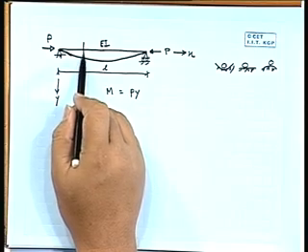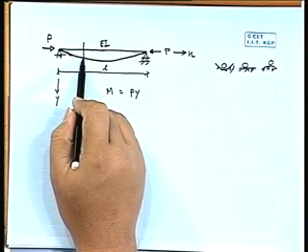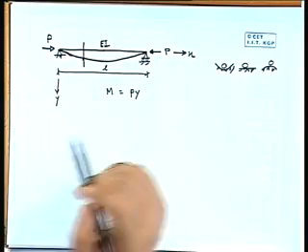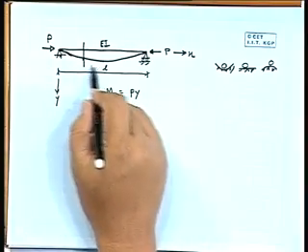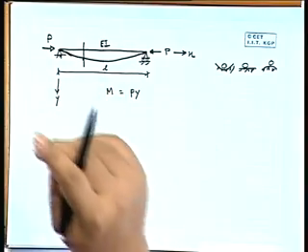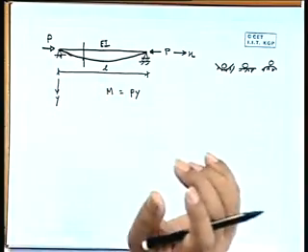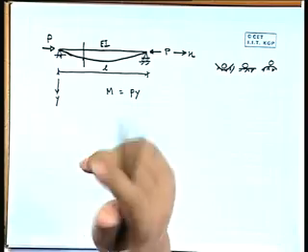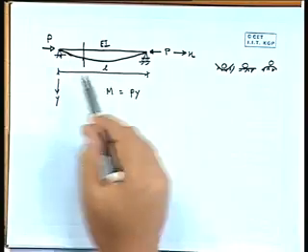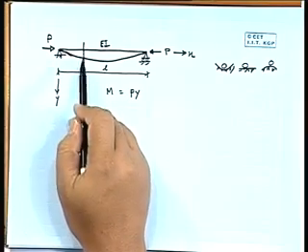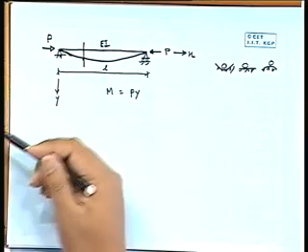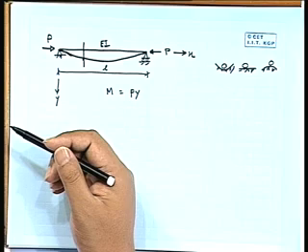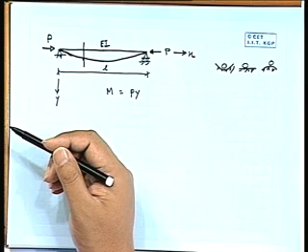Here the deflection is y. We have shown the x-y axis system. The deflected curve is represented by y as a function of x. The value is not known, but there will be some displacement here. So P into that distance will be the moment.